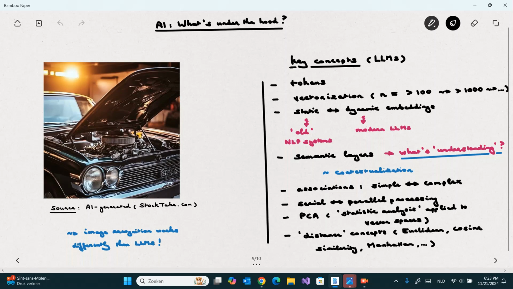But the algorithms for image recognition, rastering the input and all that, are obviously different. But it's about objects, recognizing objects, counting them. On top of that, LLMs will provide semantic meaning, semantic layers. I put a few concepts already there, but I'm going to come back to them.